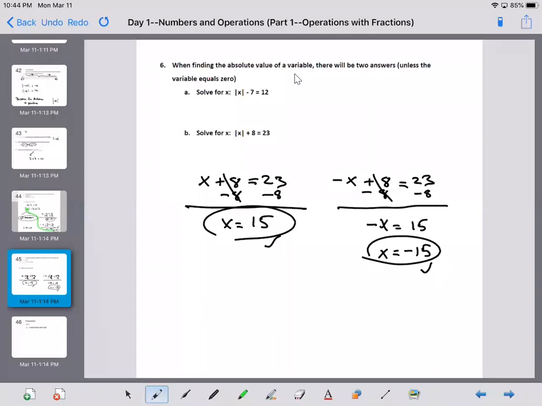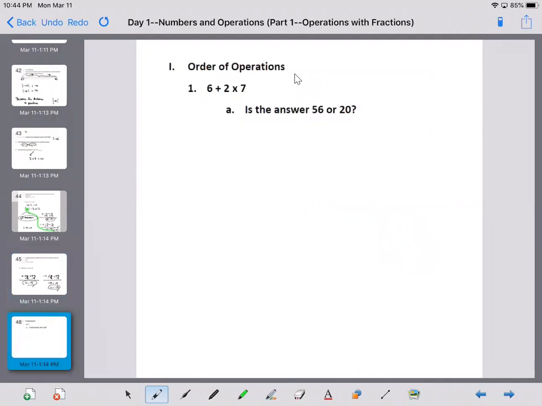So our next item is thinking about order of operations. When you think about teaching this one day, a very common mistake is that students will go out of order because they just want to go left to right and complete this. So think about 6 plus 2 times 7. Is the answer 56 or 20?